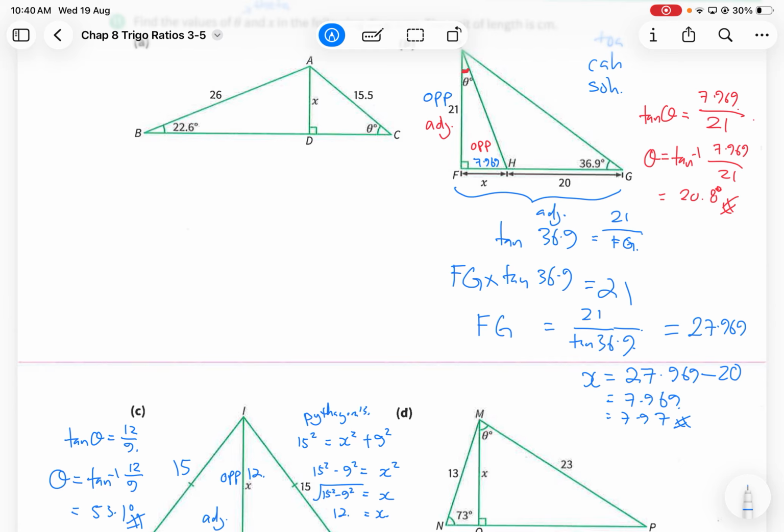Just follow the question. What does it say? If the answer is like this, it means no decimal point, you put 9 only. This one has digits after the decimal. It's 9.917. Means got decimal point, right? How many decimal points? You see the answer.